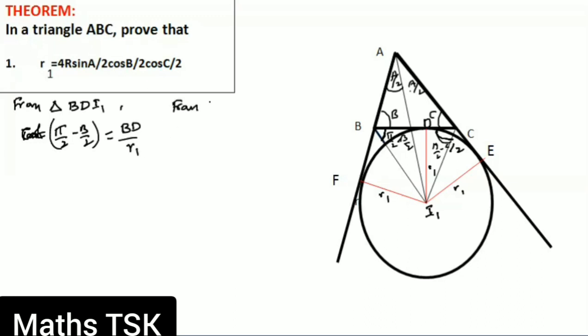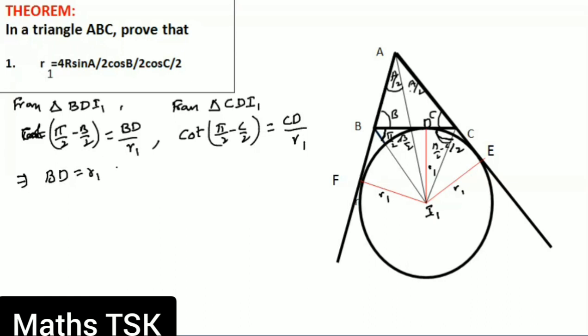Similarly, from triangle CDI1, I can write cot of 90 minus C by 2, adjacent side CD by opposite side I1D, that is R1. So from this I can write BD is equal to R1 into cot of 90 minus B by 2, which is tan B by 2.